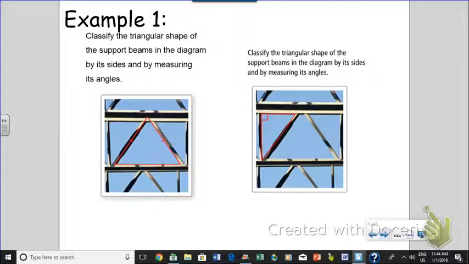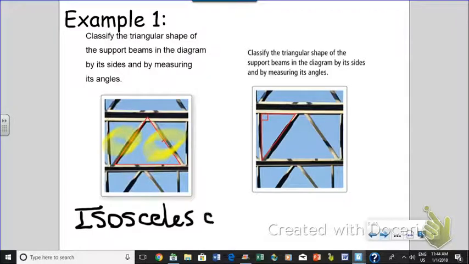We can see that on the first one, two sides are marked congruent. Since two sides are marked congruent, it would be isosceles. Angles, it has three acute angles, so that would make it acute.